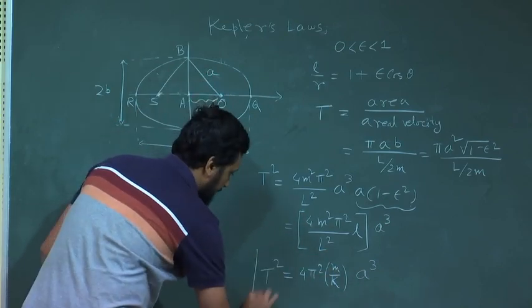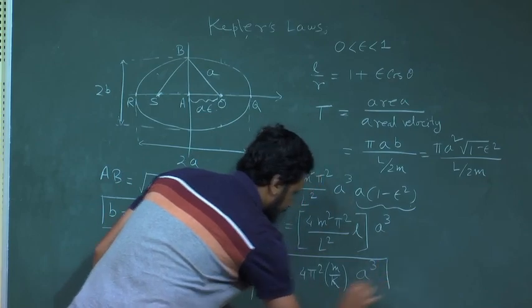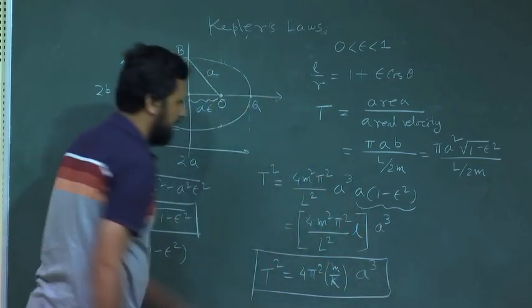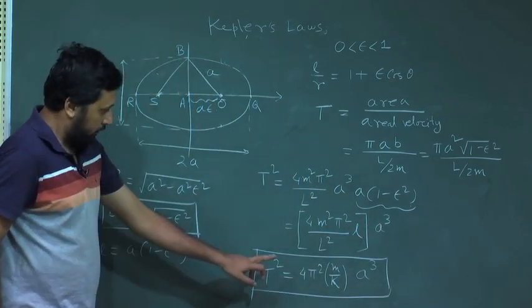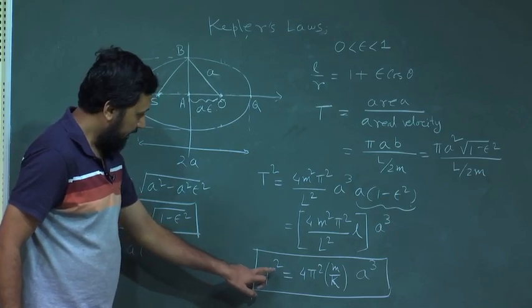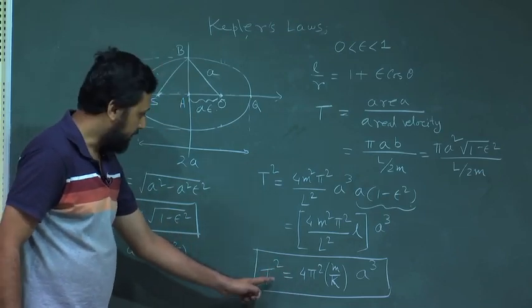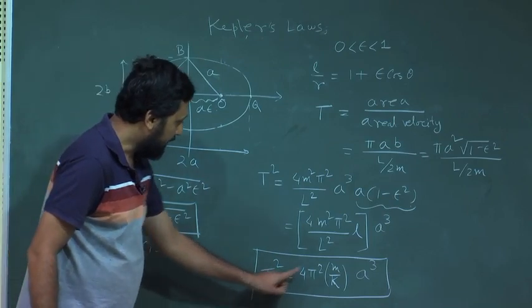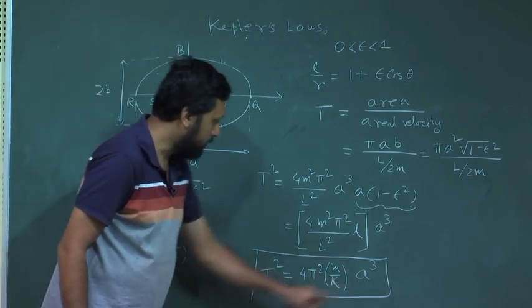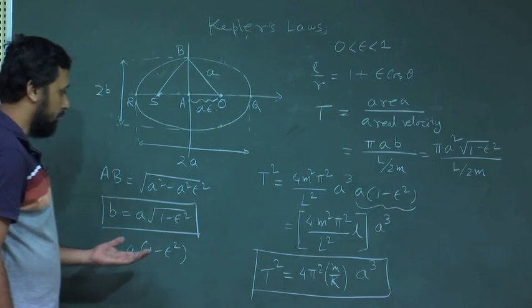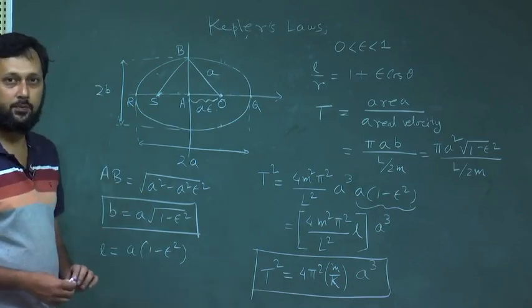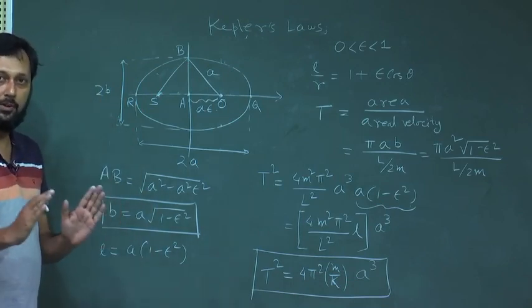I am leaving it to you to do it yourself, it is nothing difficult, just put in the value of L. So, we immediately see we have proved Kepler's third law, because this relation tells you that T square is some constant times A cubed, which essentially means T square is proportional to A cubed. So, we formally proved Kepler's third law.